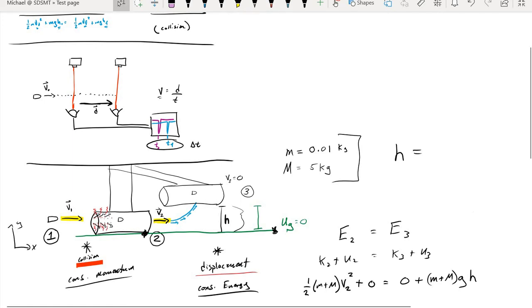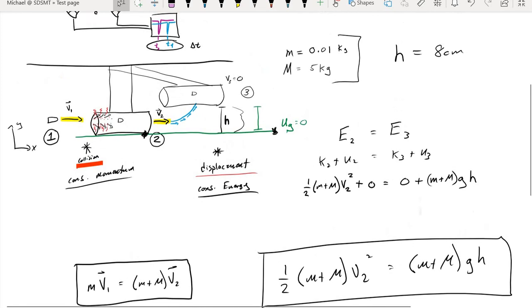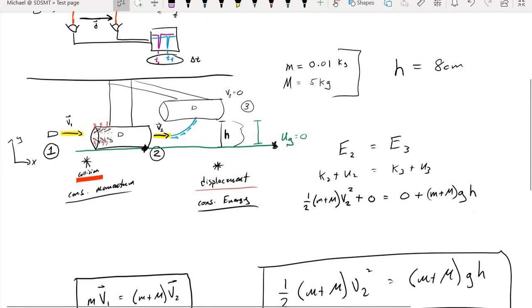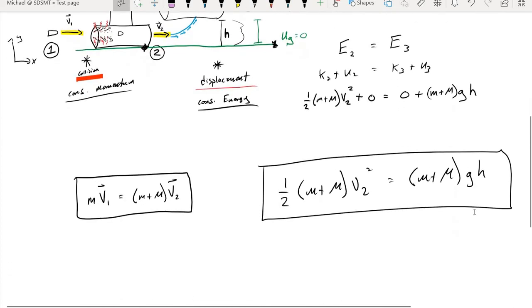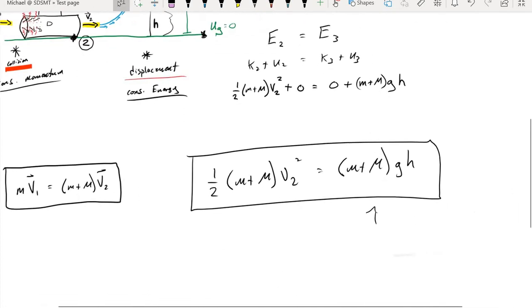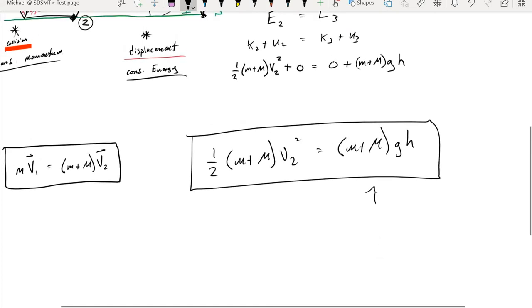But as we do that, let's say that the height of the log after it's shot is 8 centimeters. So we know the two masses and we know the height of the log at location 3. So that means right here, this is where we have the most information. In fact, we've got all of that information.